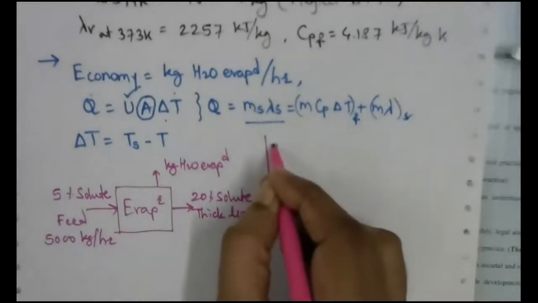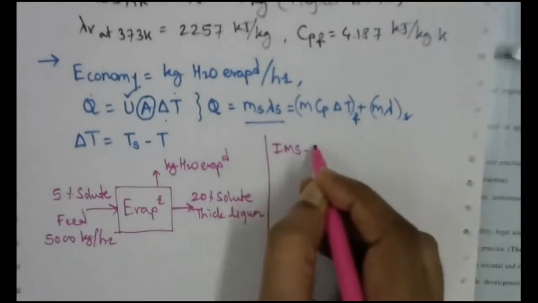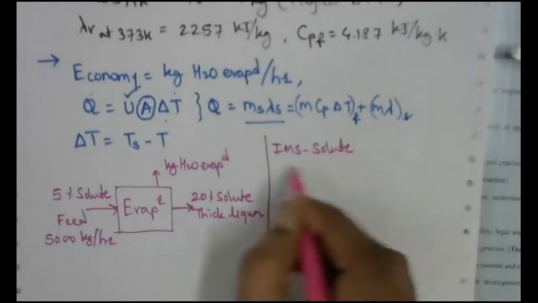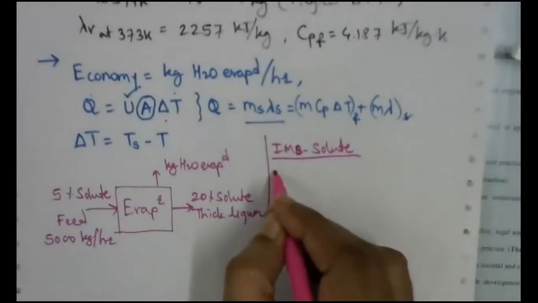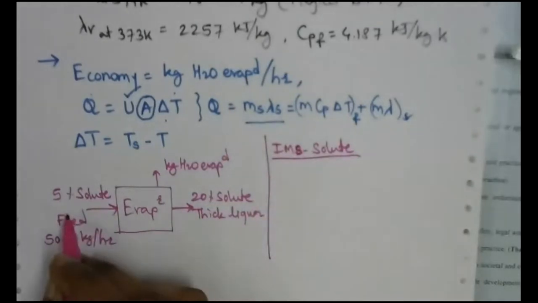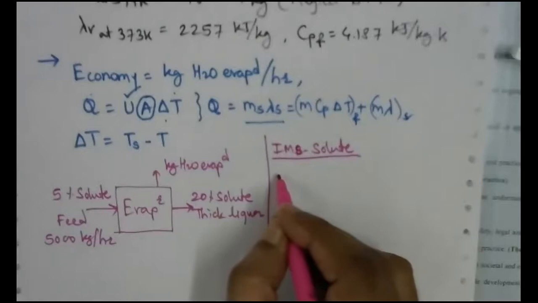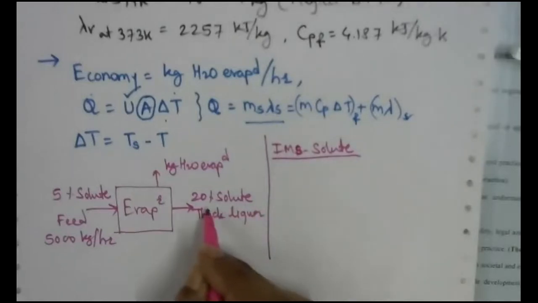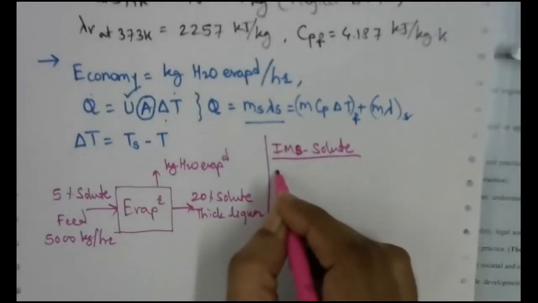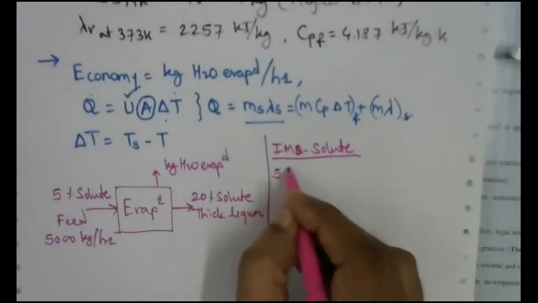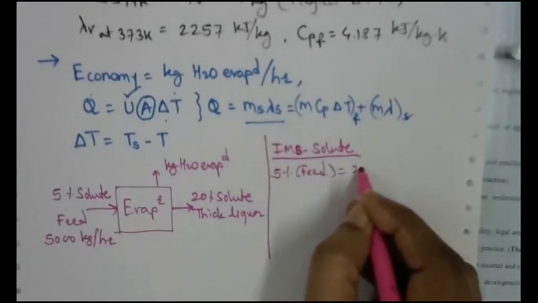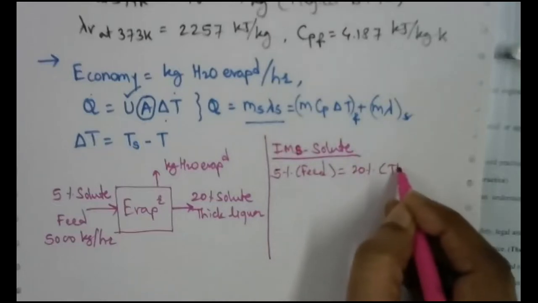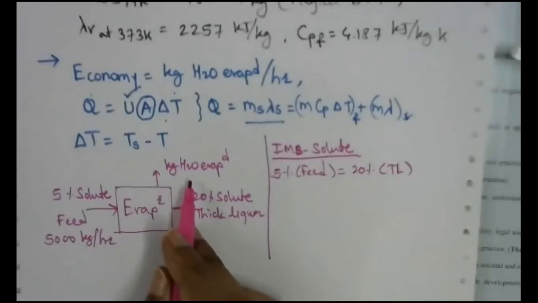So from the individual material balance of solute, that is concentration of solute in feed equal to the concentration of solute in thick liquor. So 5% of feed equal to 20% of thick liquor, because there is no solute in the water.